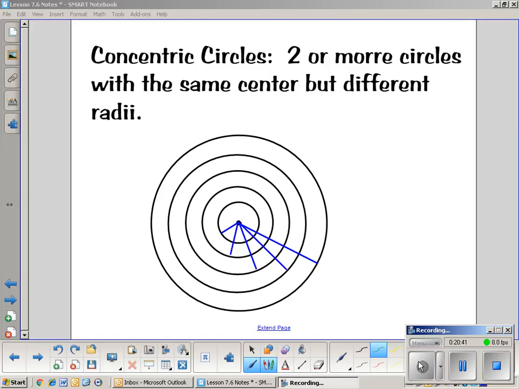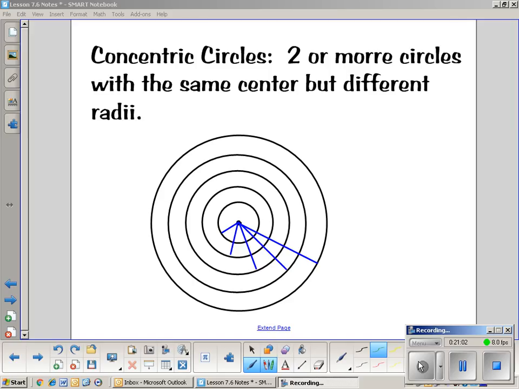Olivia? A target. A target. Okay. Justin, you have another one, or was the target yours? Okay. I think there's something else that's pretty obvious that you throw things at. What's that? A dartboard. How about tires?